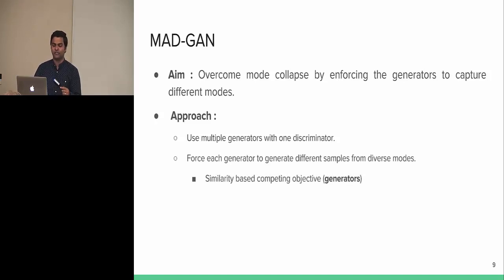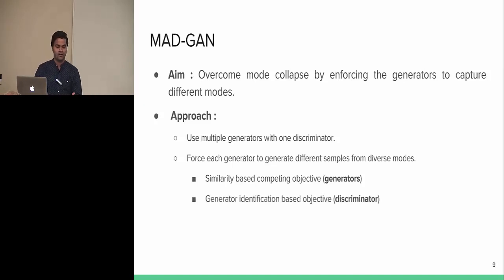For this, they have defined 2 different objectives. The first objective is called the similarity based competing objective, where they have made changes to the way you train the generators. Each generator's objective is not only to generate real looking images, but also to generate images which are not similar to the images generated by other generators.